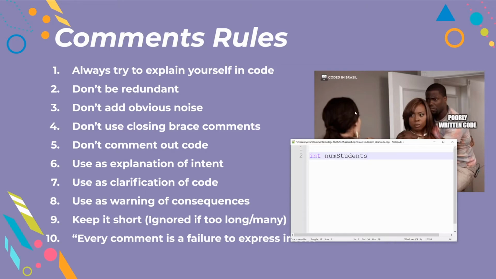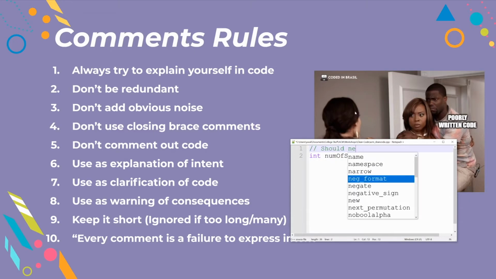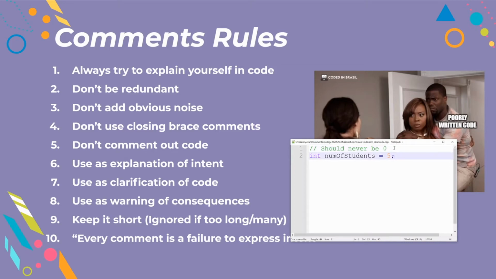But let's say you have num of students as a variable. You can have the comment saying something like never be 0, because that might cause division by 0 or something like that. And obviously in your code, you should handle that regardless, but you can have something like that to indicate that if num of students is ever 0, then probably something went wrong if anyone looks at this code.